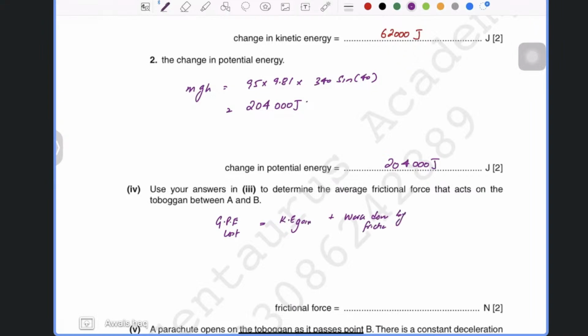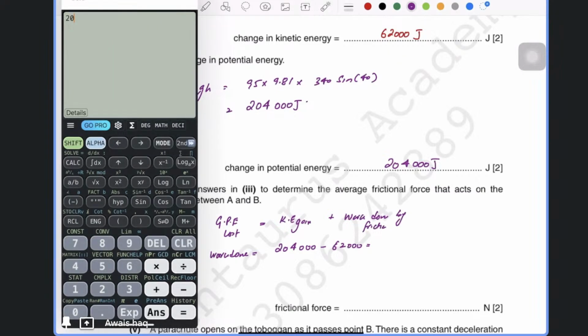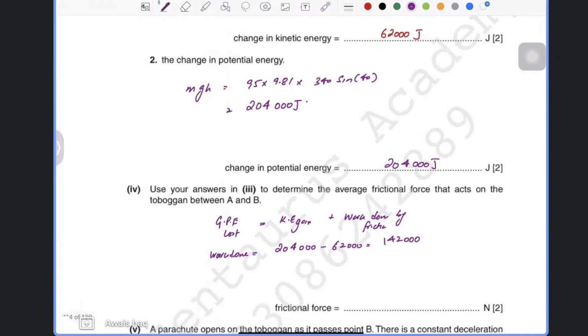So the work done against friction forces will be 204,000 minus 62,000. This will give you the change in energy that is basically lost to the surroundings in the form of heat or whatever, and this is 142,000, and then you need to use force times displacement.